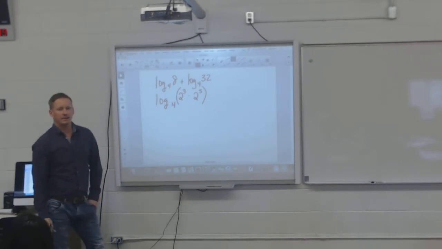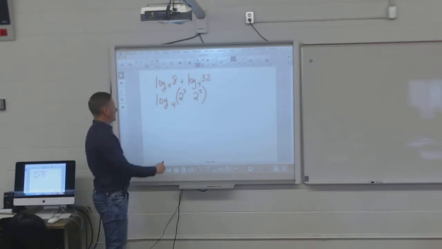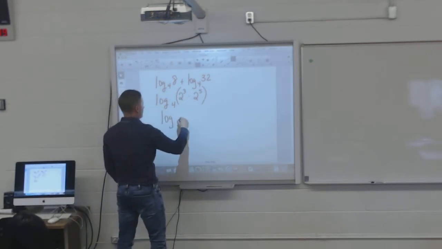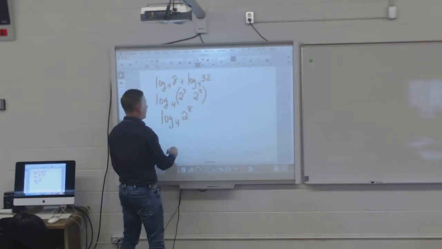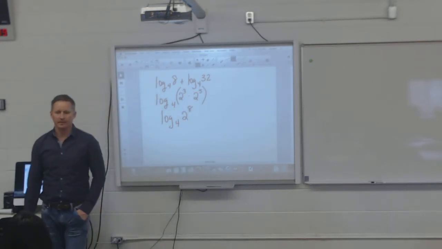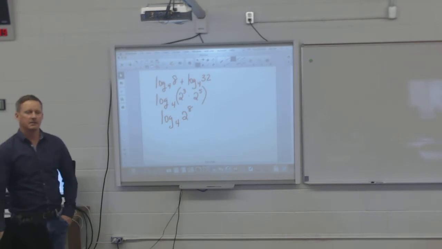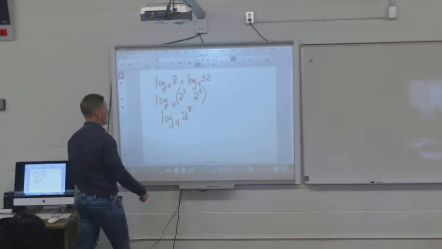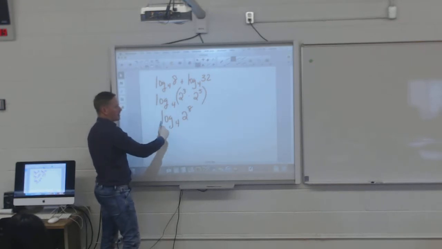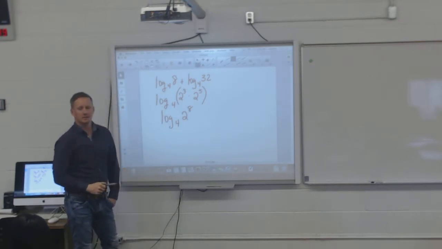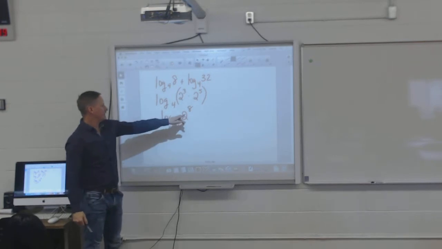Now because I'm adding, that's multiply, correct? So far so good? Okay, so that's the log of 2 to the 8 to the base 4. Now that still doesn't help me. Why does it not help me? Because I can move the 8 there, but I still don't know what the log of 2 to the base 4 is. So I need to somehow change this.